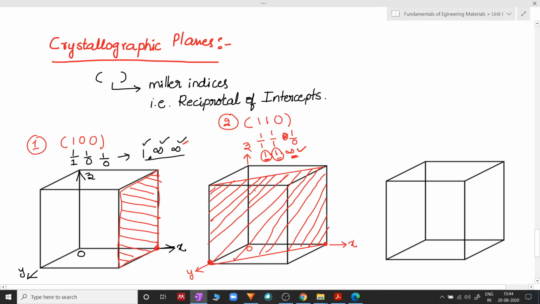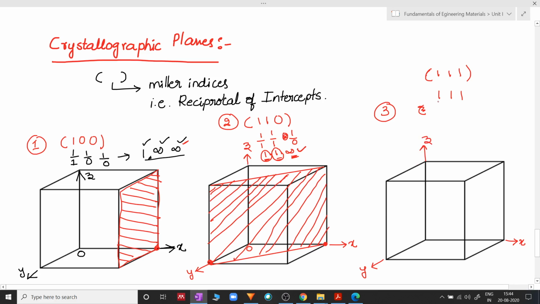Now let us take one more example. How to represent the third one, that is, the 111 plane? So intercept on x axis is 1, intercept on y axis 1, intercept on z axis 1. So we can take this as x and this y axis and this z axis.